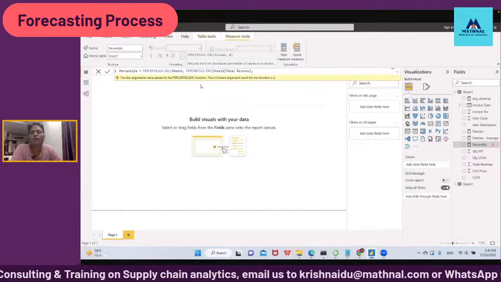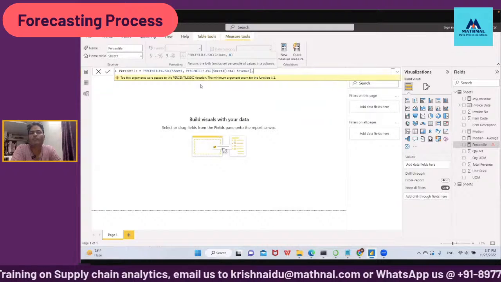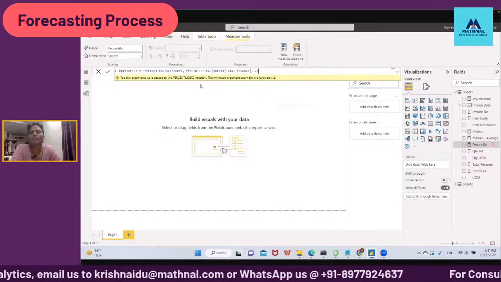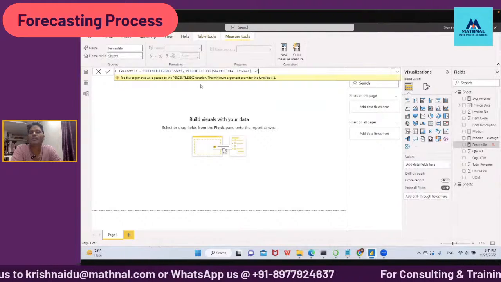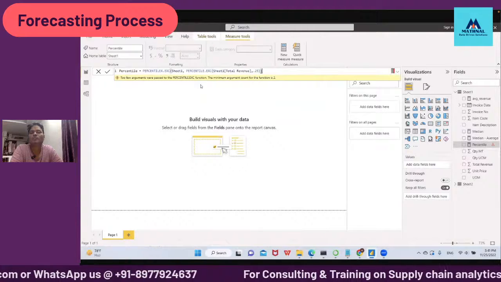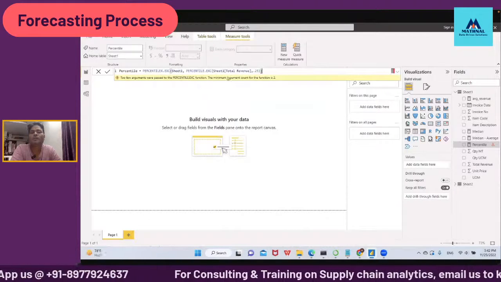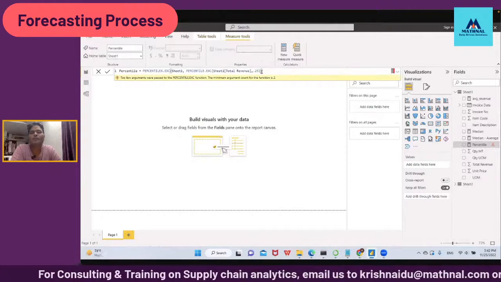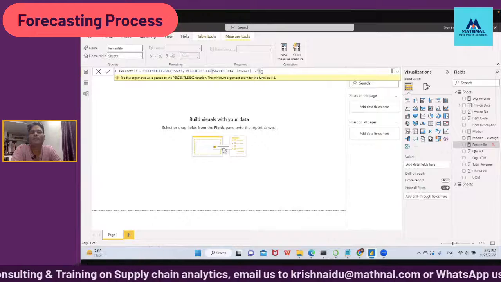Comma. It should be 0.25, after the decimal. Close the bracket and one more closing bracket. Two closing brackets required. Enter. I think the last bracket is not required. Remove the last bracket. Yeah. Enter.